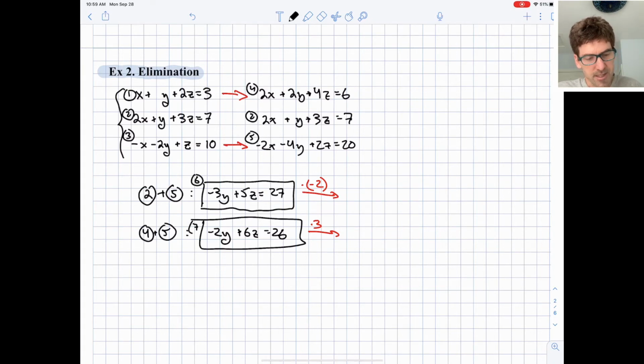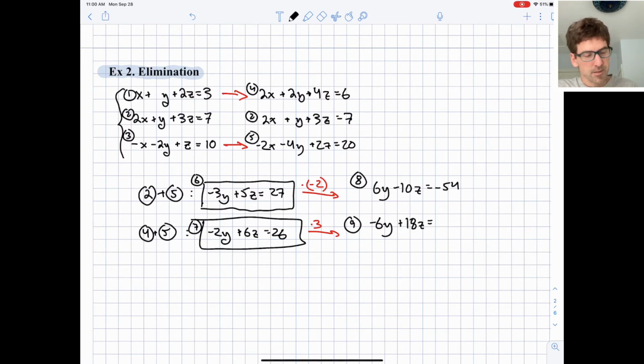This is equation 7. So our new equation 8 will be 6y minus 10z equals negative 54. And our new equation 9 will be negative 6y plus 18z equals 26 times 3 is 78, I think.